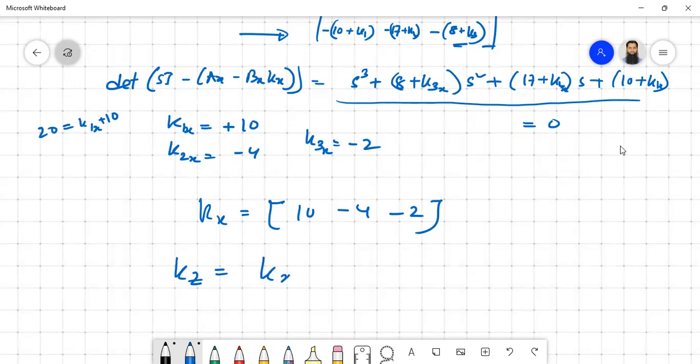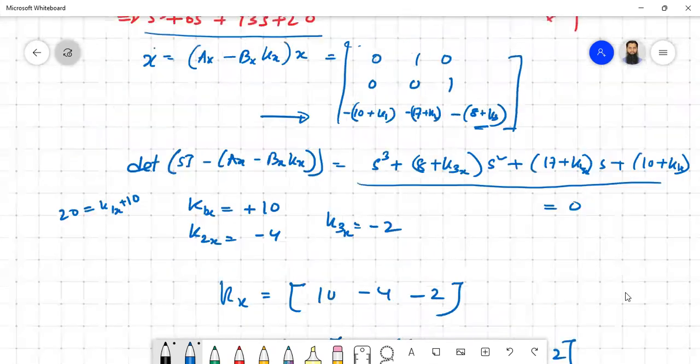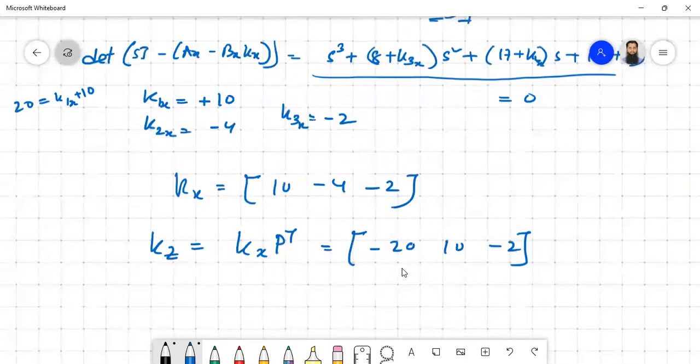So Kx P inverse will give us, if you apply it, minus 20, 10 and minus 2. So for the original system, this is K1z, this is K2z, and this is K3z.